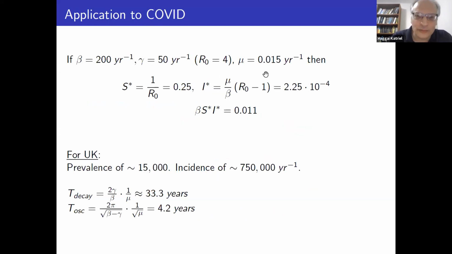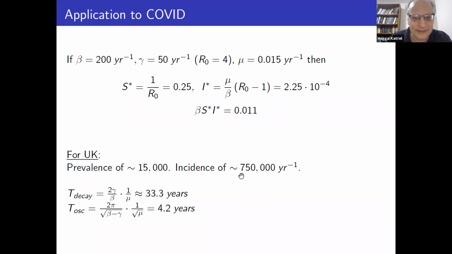I assume the 1.5% birth rate. These are parameters which are okay for corona. They fit the coronavirus. And what you get, let's say, if you take the population of the UK, you get a prevalence of 15,000. So 15,000 people will be infected at any time in this endemic steady state.